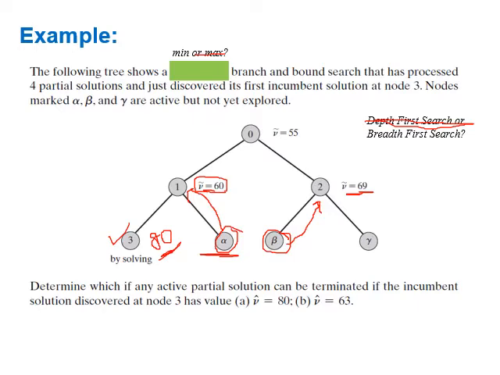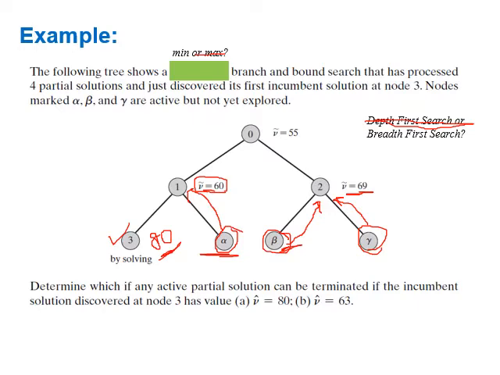We don't know, but there's a possibility that it can provide a solution less than 80. So we cannot fathom beta as well. What about gamma? Since the parent of gamma is the same as beta, our conclusion is the same, and we say that we cannot fathom any one of the nodes.